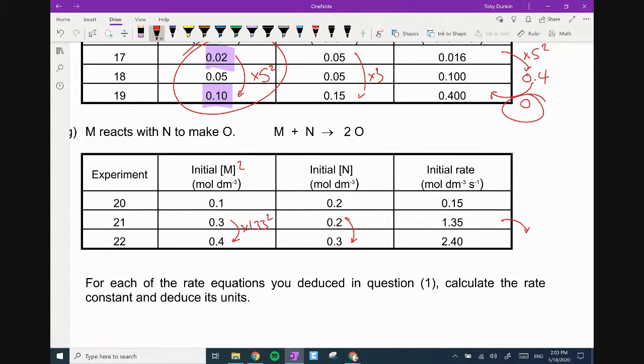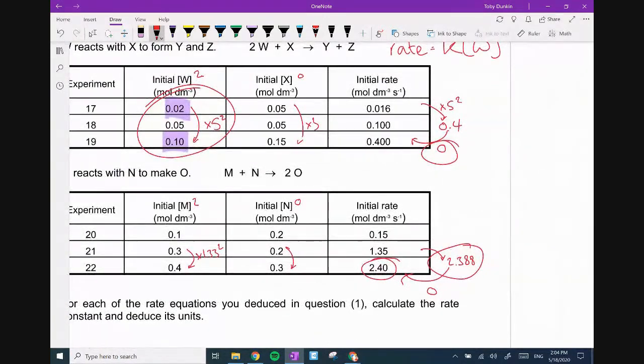So I now do 1.35 multiplied by 1.33 squared, and I get 2.388, which is interesting because it's pretty much the same as that. So that's going to be a 0 change. So n's going to be 0 order. Yeah, winner. Rate equals k m to the power of 2, and I'm done.